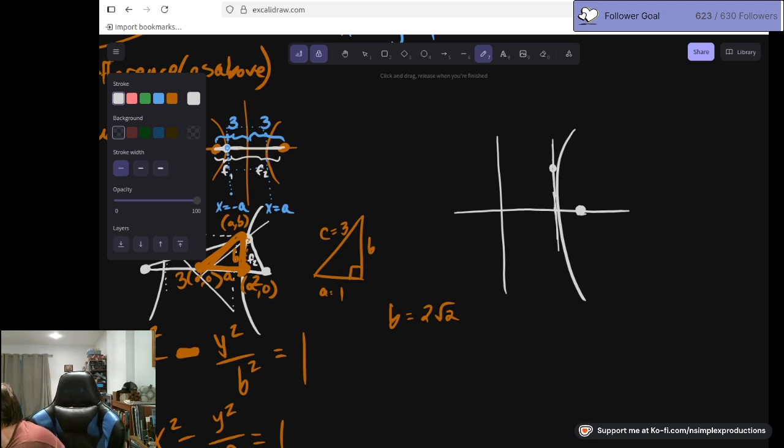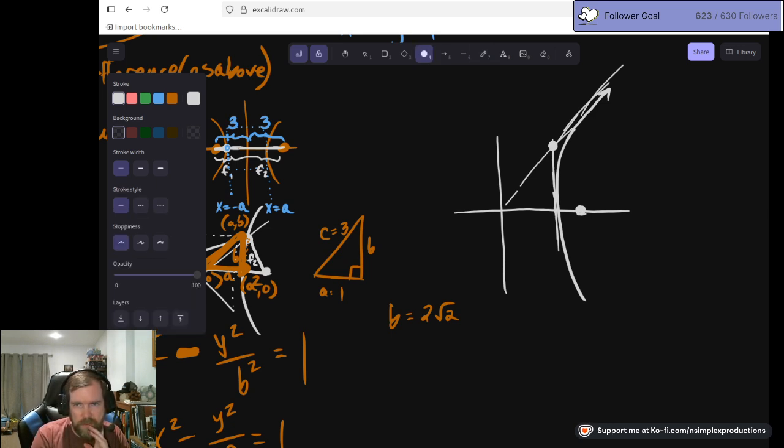It's close, but it's not quite that. It's along the asymptote. So it's that point right there. Why is it true?